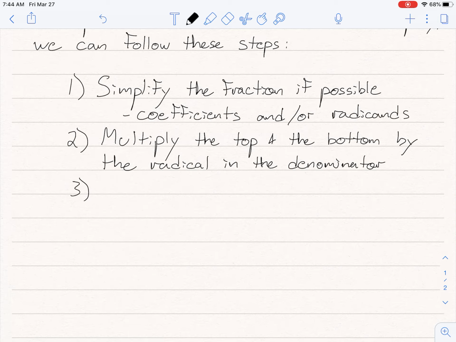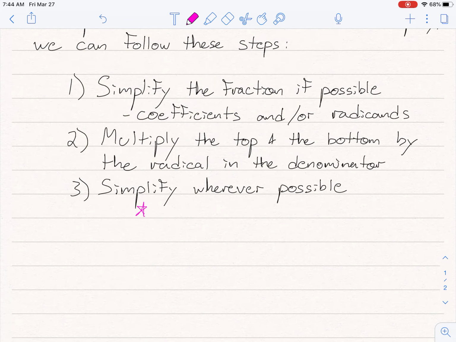And then the third step is to simplify wherever possible.